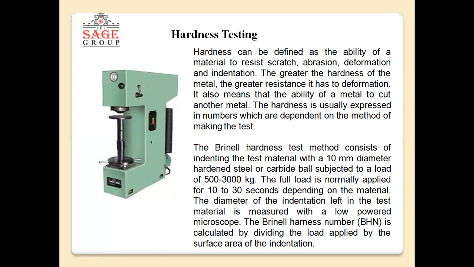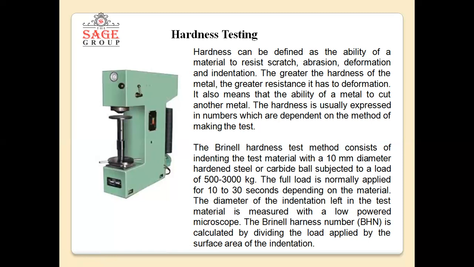When the load is removed, a depression or cavity is formed on the material, and by measuring the dimensions of that indentation or depression, you can assess the hardness of the material.